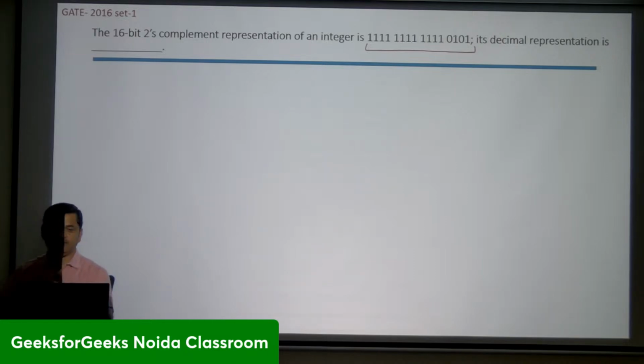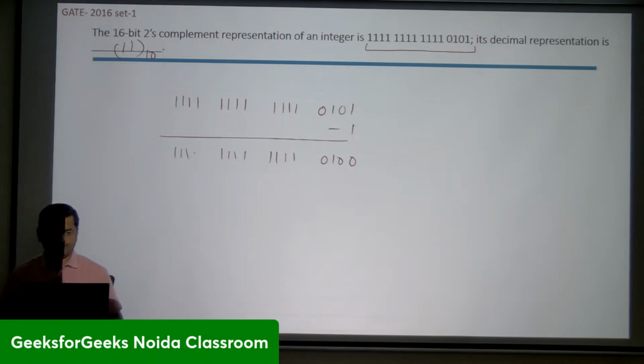Seven. Let me compute. 11. 11 base 10. Okay, let me do this. Let me subtract 1 first, and then it is going to be 0 here, so it is 0, 1, 0. All are ones.